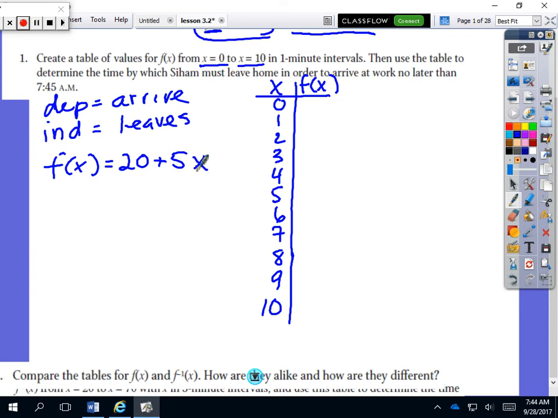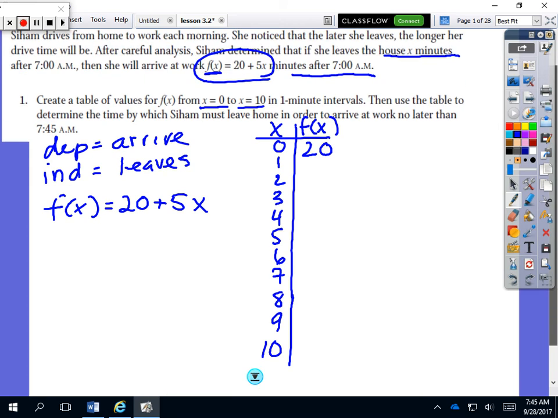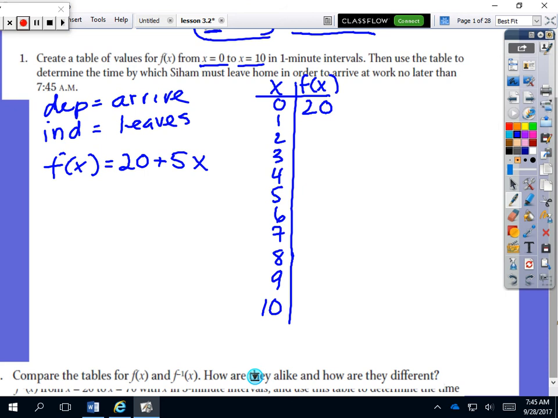If x equals 0, her arrive time would be 20 minutes after 7. Then she'll arrive at work that many minutes after 7 a.m. So she's going to be there 20 minutes after 7 a.m. If she leaves at 7:01, she'll be there at 25 minutes, because 20 plus 5 times 1 is 25. 20 plus 5 times 2 is 30.